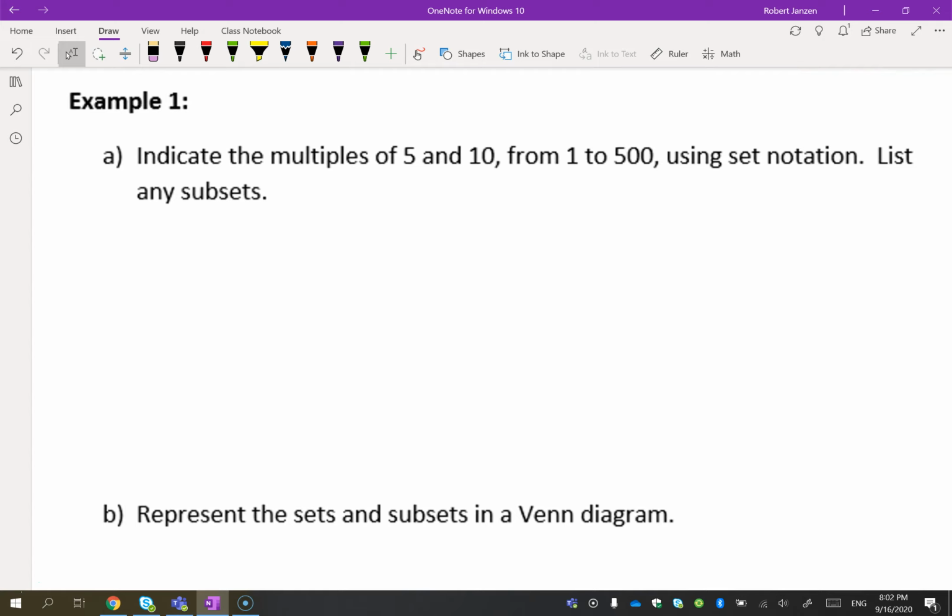The first one says, indicate the multiples of 5 and 10 from 1 to 500 using set notation. So first of all, let's list what is the universal set here. The universal set is what?